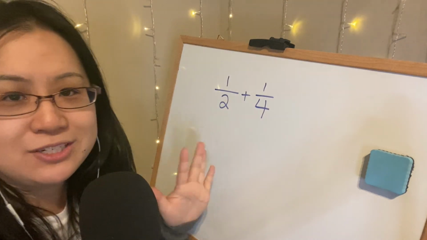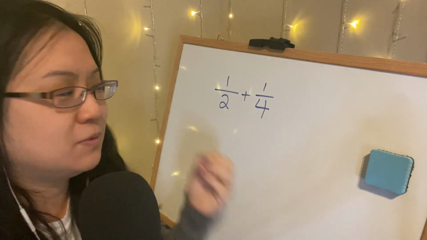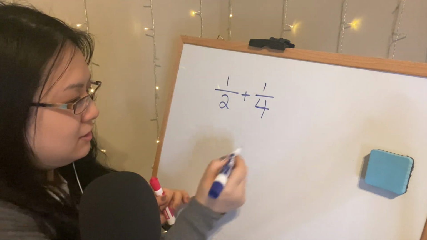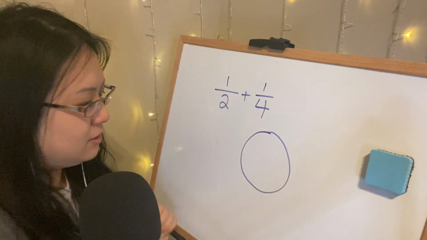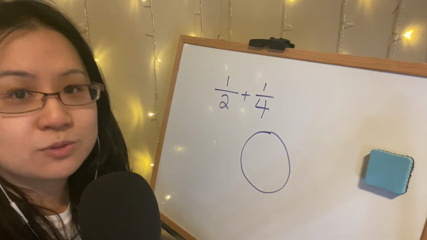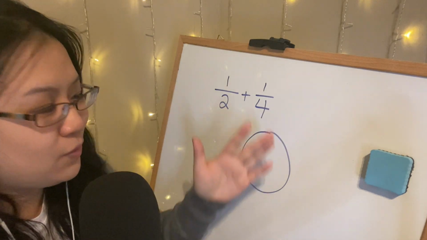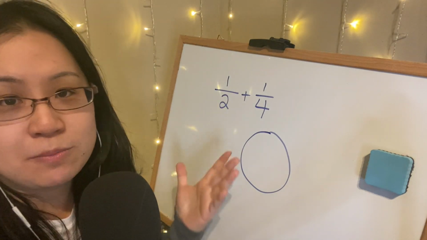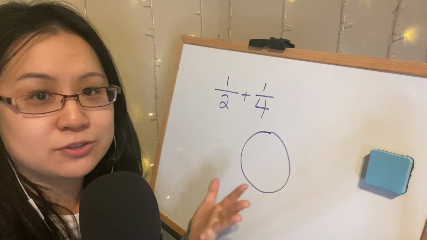So what does 1/2 mean? If I said this circle represents 1, it's one whole thing, how would you draw or shade in maybe half of the circle?